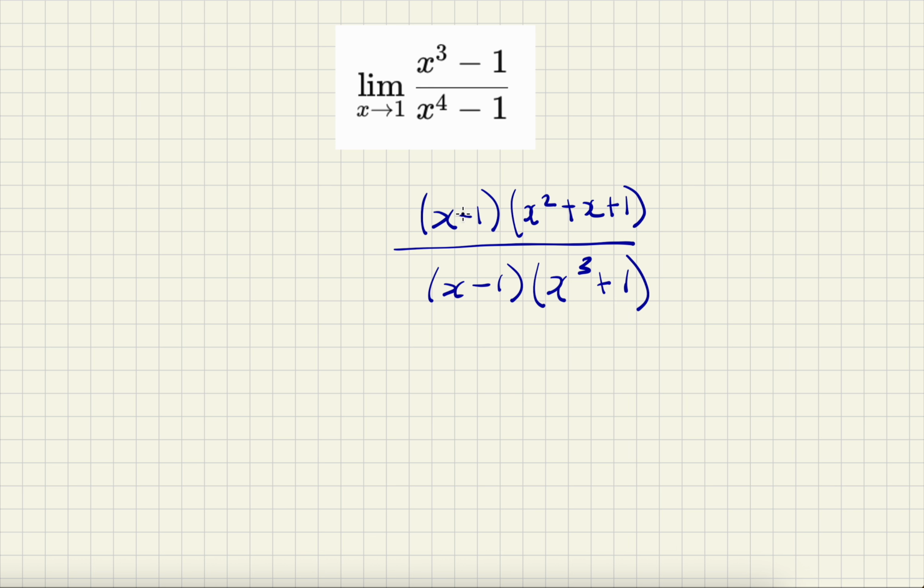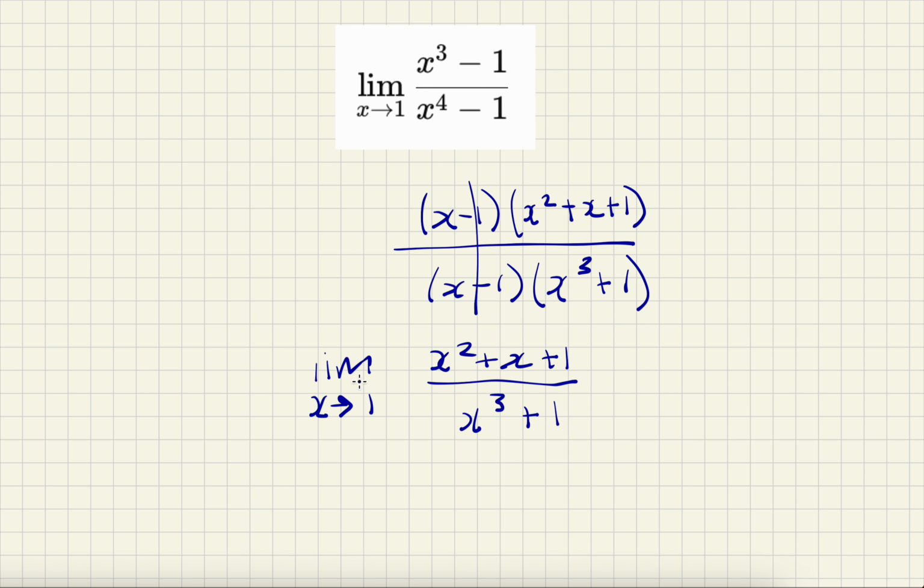And so now you can see that x minus 1 can easily factor out. And so we're left with the limit as x approaches 1 of (x squared plus x plus 1) over (x cubed plus 1).